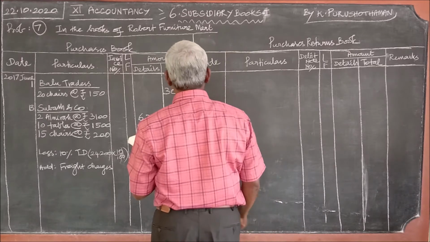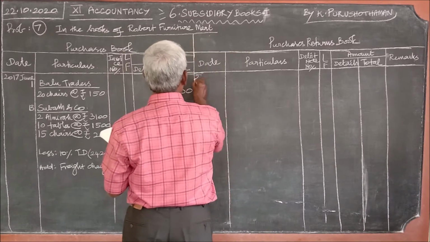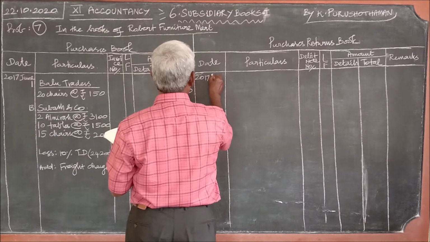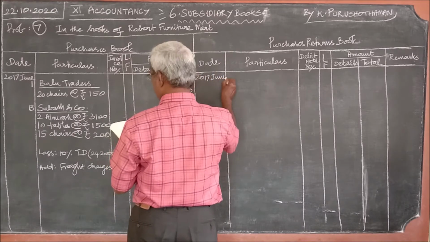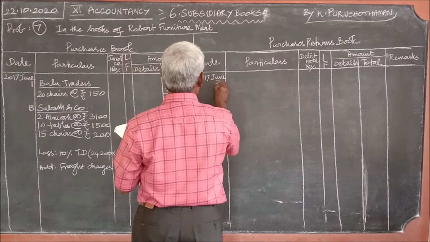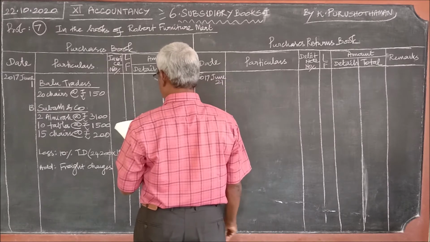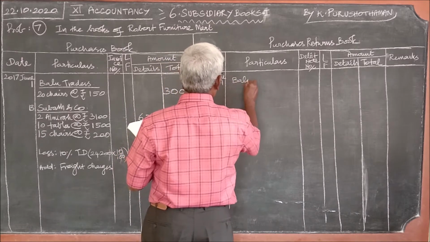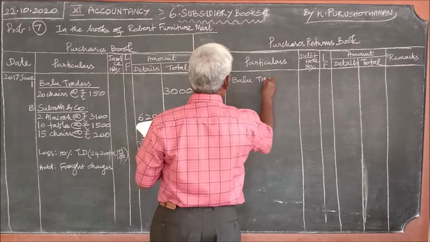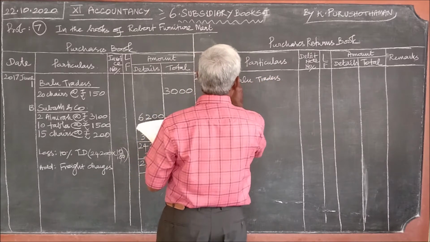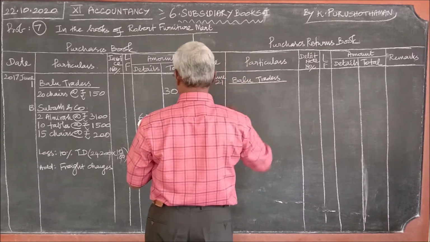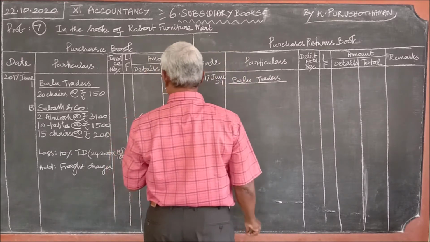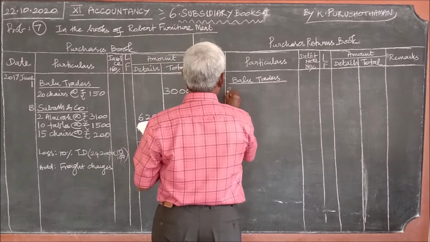On what date? 2017 June 21st. It is returned to Borrowed Traders. How many chairs were returned? 2 chairs.